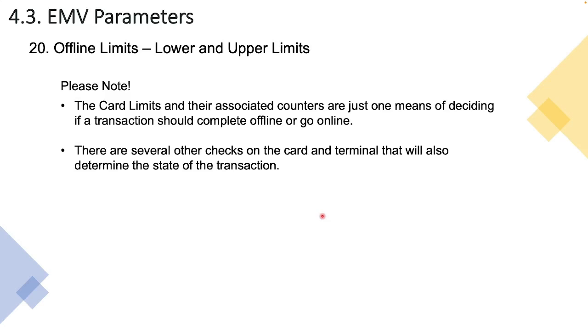There's a whole lot of other things we check as well. So you could get a situation where neither your LCOL nor your UCOL or your LCOTA or UCOTA is breached, but we could have the transaction being sent online for a reason arising out of a different check during the transaction.